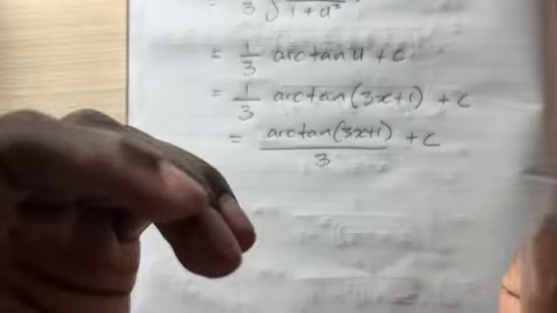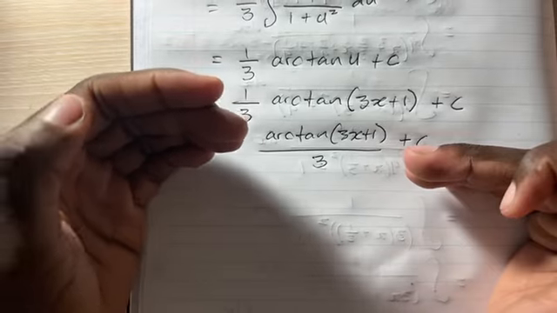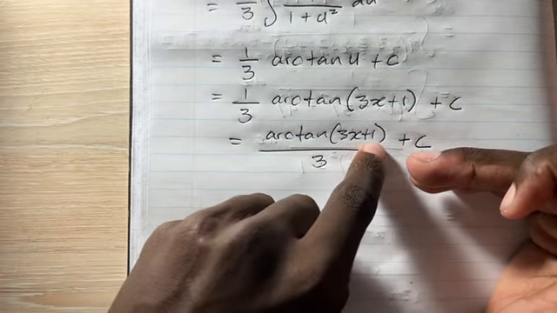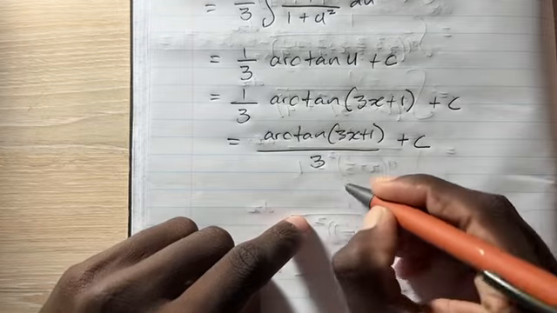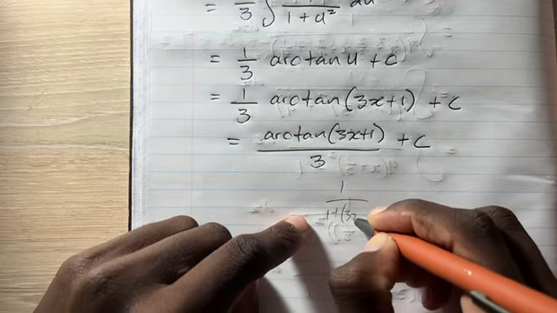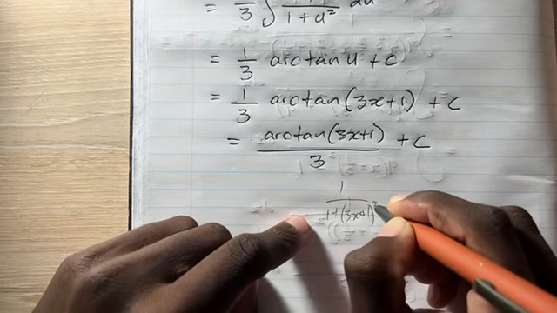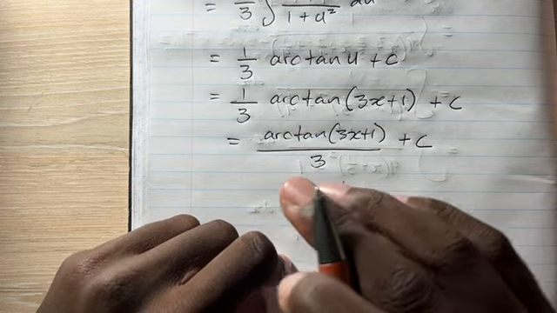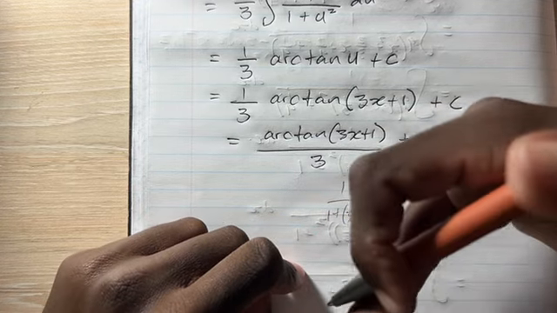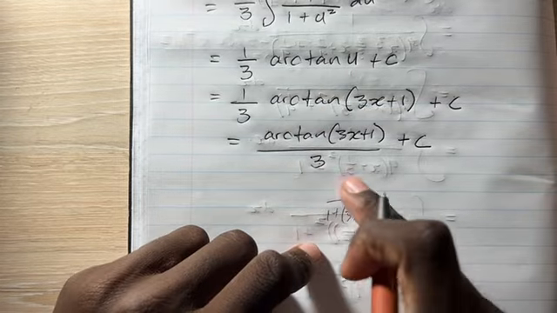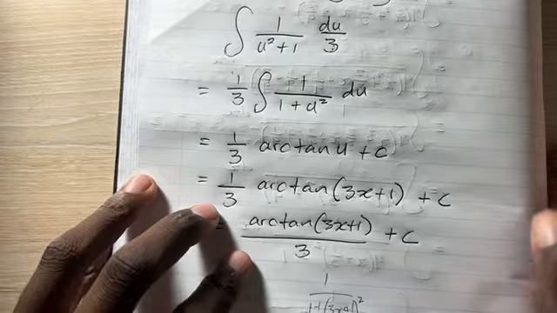Then you'd find the derivative of the outside function, which is arctan. Arctan of this would be 1 over 1 plus (3x plus 1) all squared. I just apply the identity for arctan. If you don't know the identity, again, problems bank, scroll to the end, cheat sheet, you see the identities.